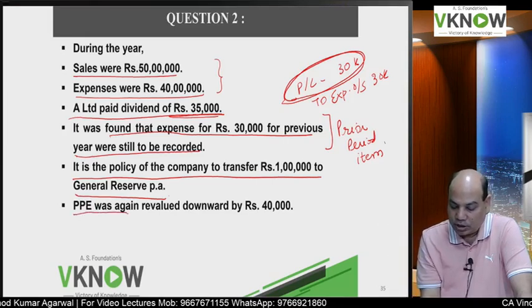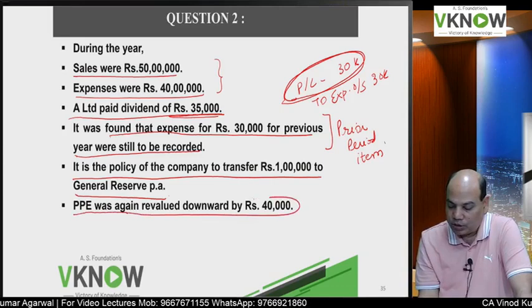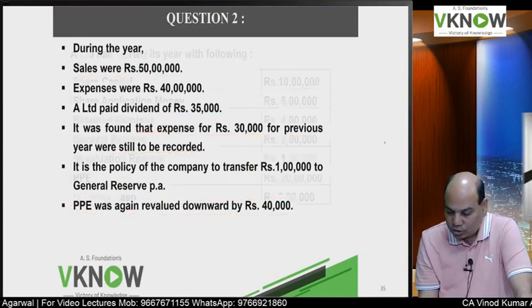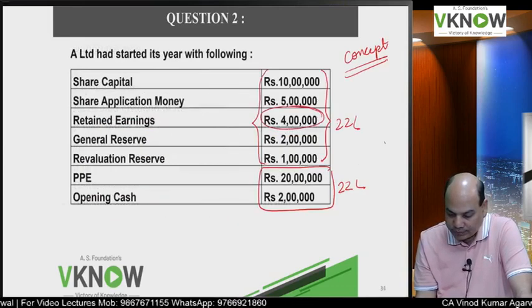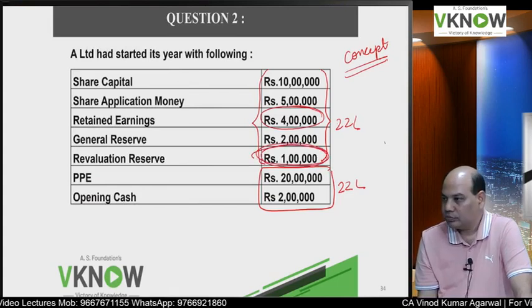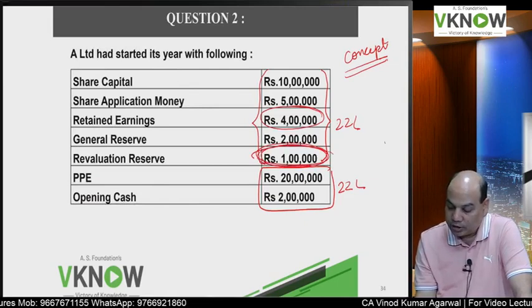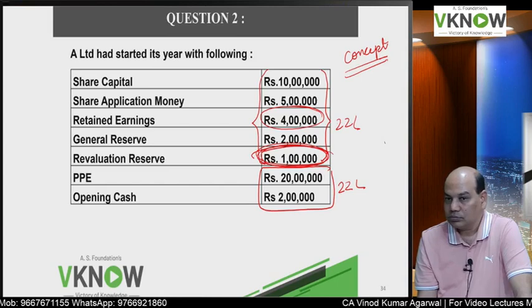PPE was again revalued downward by 40,000. Now you go to the opening balance. You have a revaluation reserve here, 1 lakh. Is it right? So we are going to reduce directly in the SOCI.